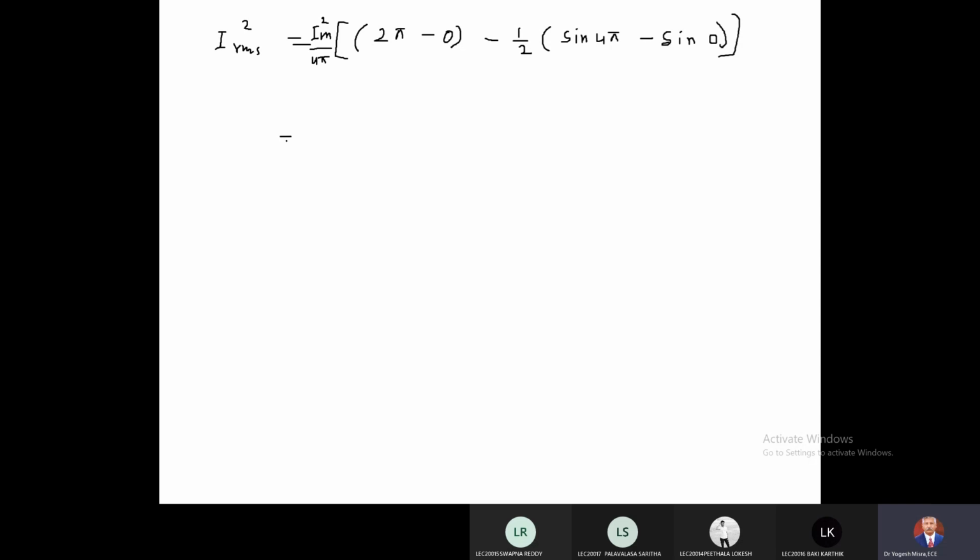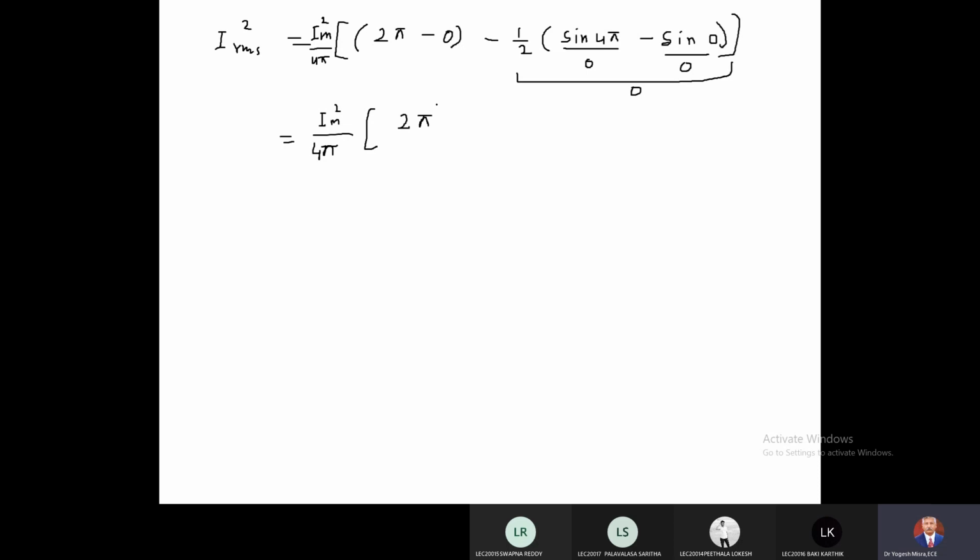So this will be equal to Im square by 4 pi, and here we will have 2 pi, right? And here you will find sin 4 pi is 0 and sin 0 is 0, so this whole term will be 0.